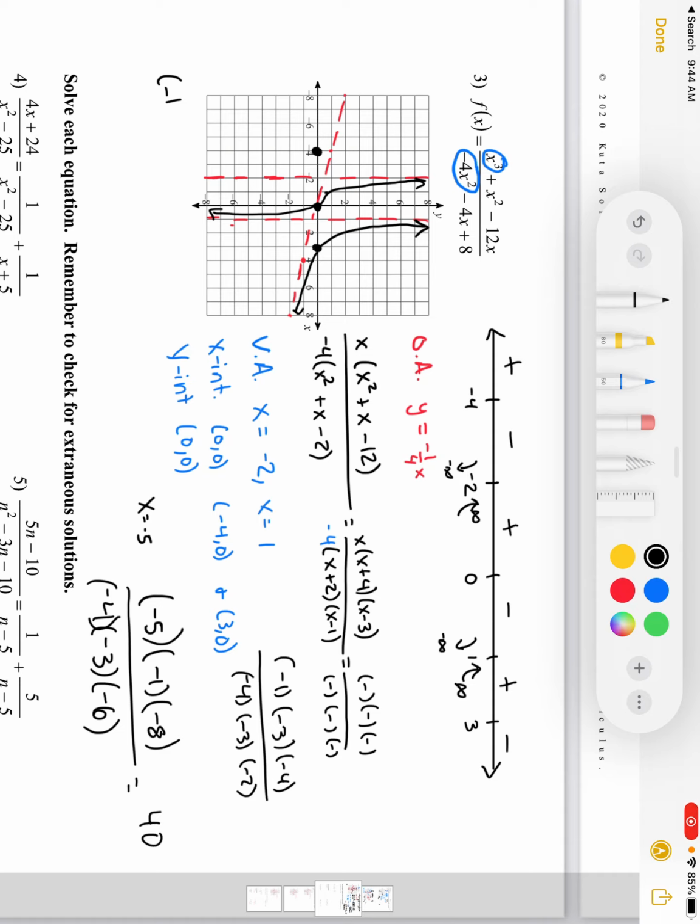So that is 40 over 72, and 8 divides into both of those. So that's 5/9, which is slightly greater than a half. So when x is -5, we get that. Our graph should look something like this.